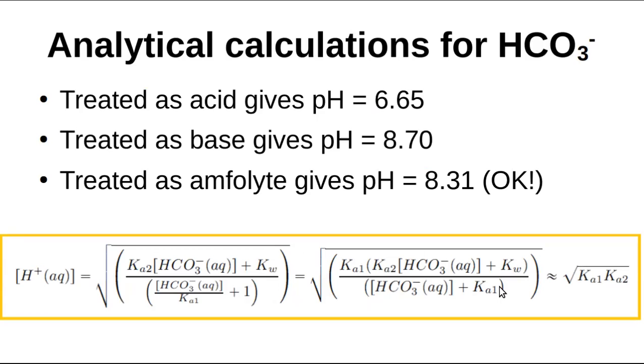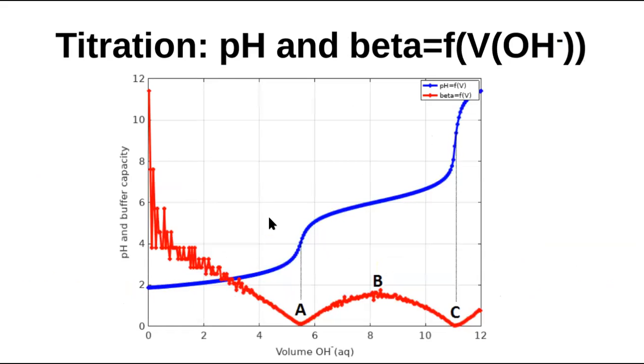Well, we leave the ampholytes and come back to acids. This blue curve is a typical titration curve of a two protonic acid, and we can define buffer capacity as the ability to resist change.